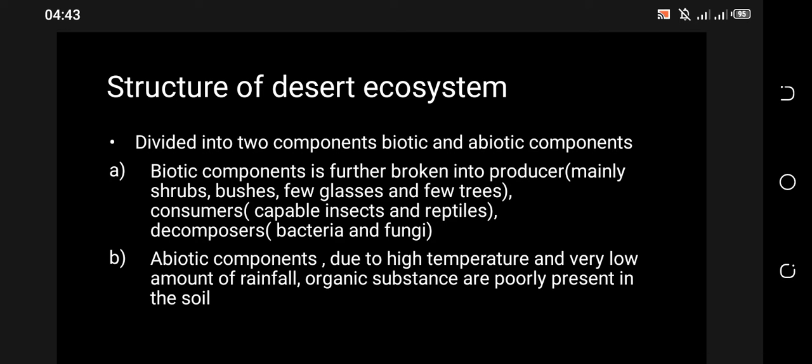Decomposers of this type of ecosystem are organisms that feed on organic matter. In this type of system, we have bacteria and fungi. Bacteria and fungi are the decomposers of desert ecosystem.